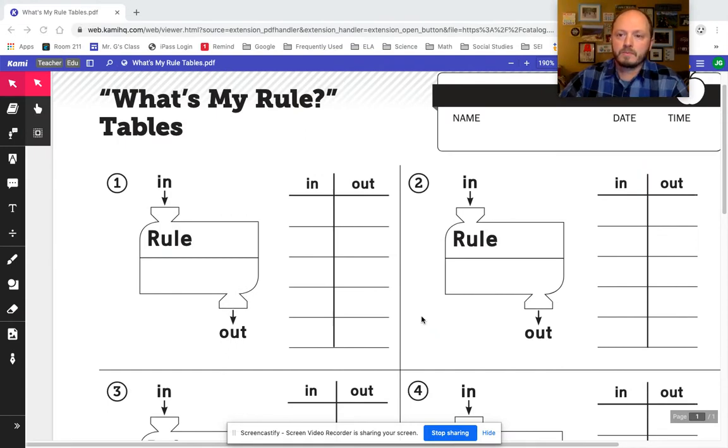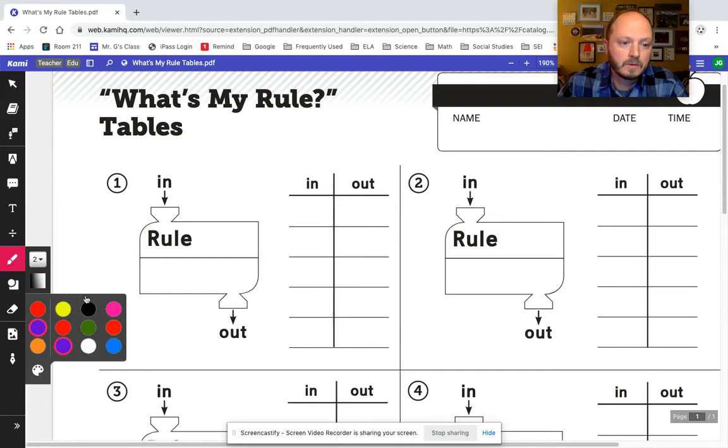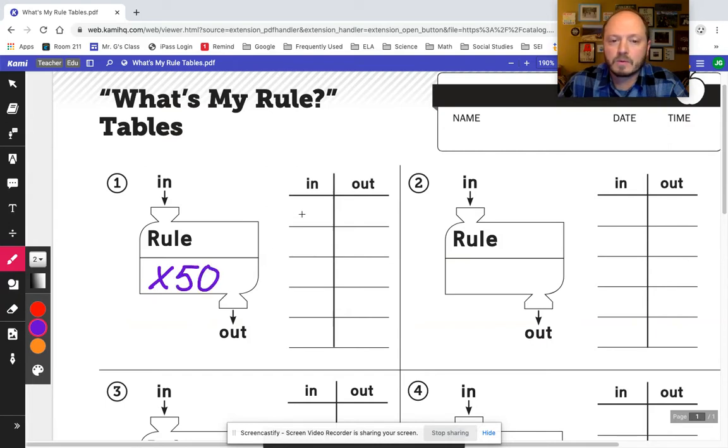All right. So our rule was what? What was the multiplication rule that we were working with here? It was times 50, because when we were thinking about 50 gallons per day, every day is another 50 gallons.